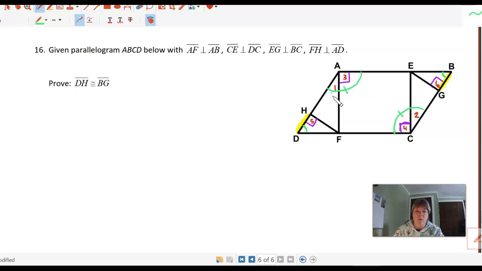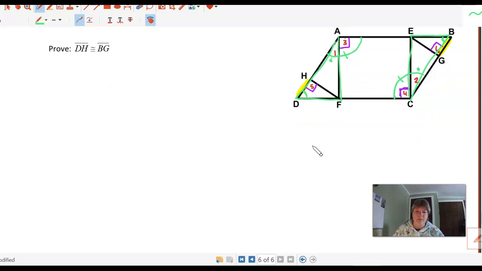So I'm going to get angle 1 congruent to angle 2 by angle subtraction. And now if you're looking at triangle AFD and triangle CEB, I'm just going to redraw these down here so that we can see what's happening. So I have triangle AFD and I have triangle CEB.